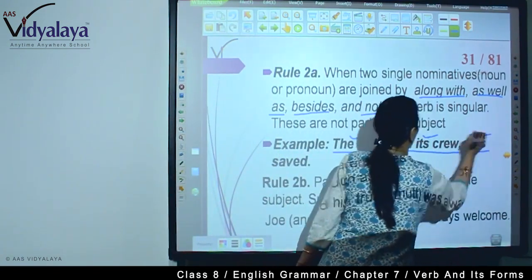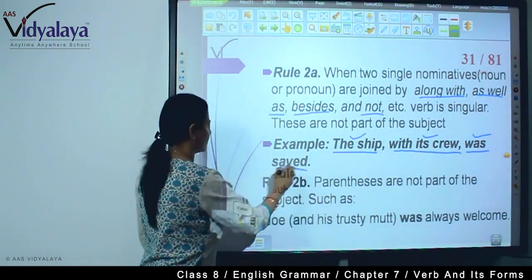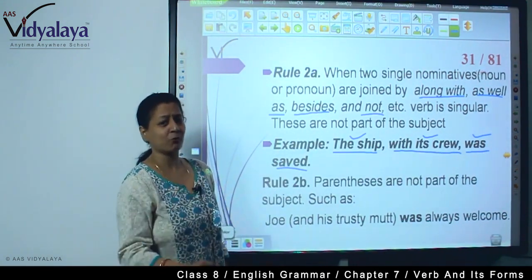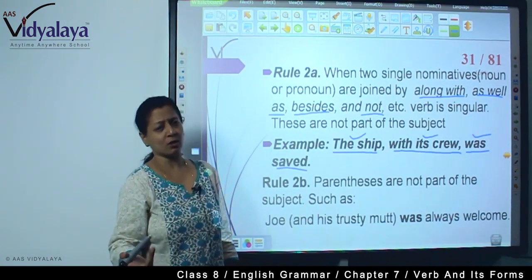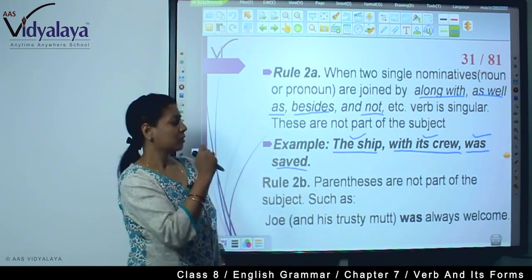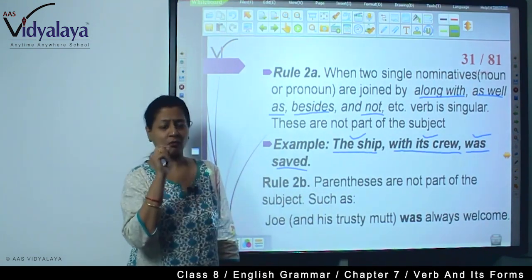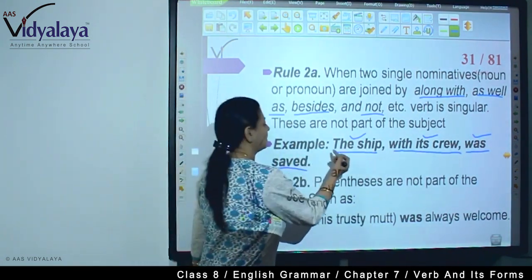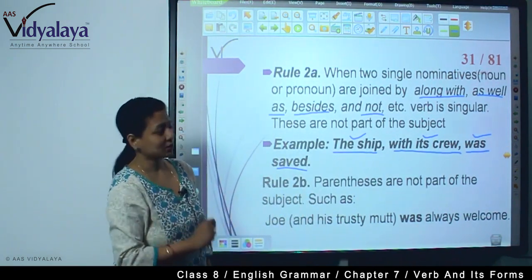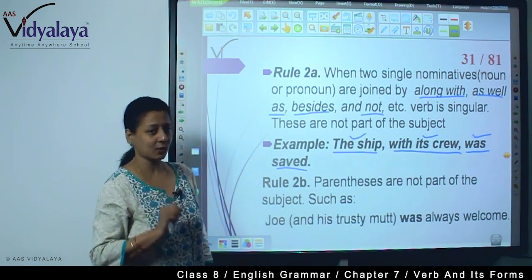So here it was saved. Who was saved? The ship with its crew. Obviously when the ship was saved, the entire crew is also saved. So "with its crew" is an added version. We will have to take care of only one subject, that is the ship, and here the verb is according to that ship, that is "was," because it's singular.